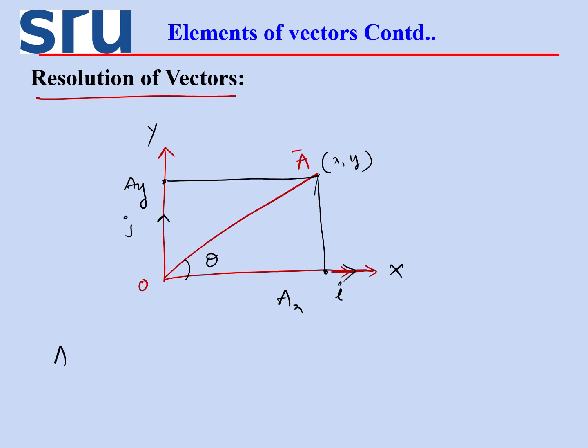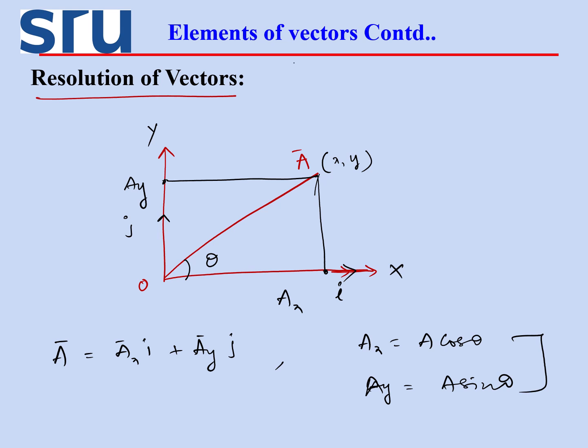Now vector A can be represented as Ax i plus Ay j, where Ax equals A cos theta and Ay equals A sin theta from the figure.